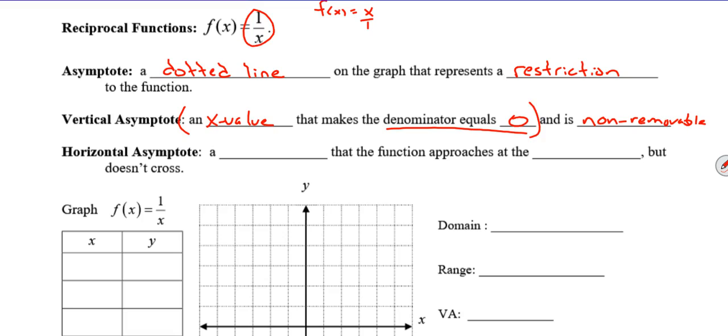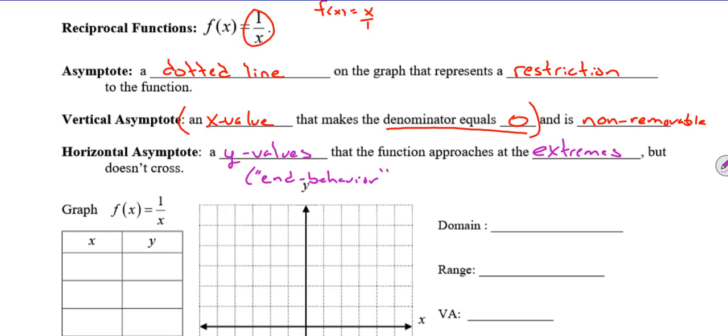All right? The next thing we're going to talk about is a horizontal asymptote. Now, horizontal asymptotes are y values that the function approaches at its extremes, but it doesn't cross. So this is basically the function's end behavior.